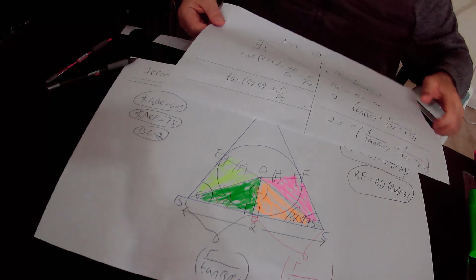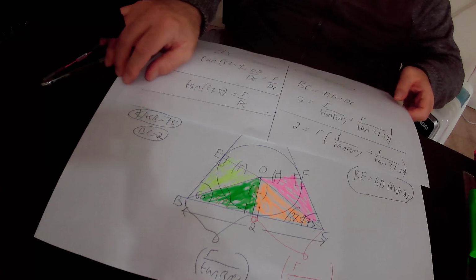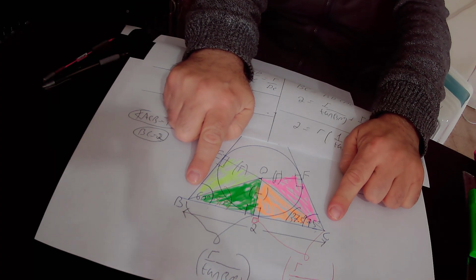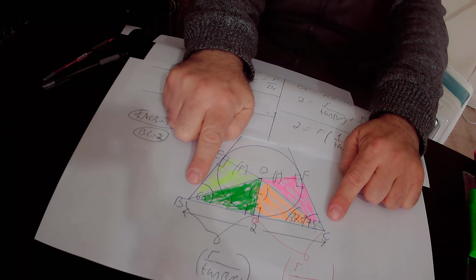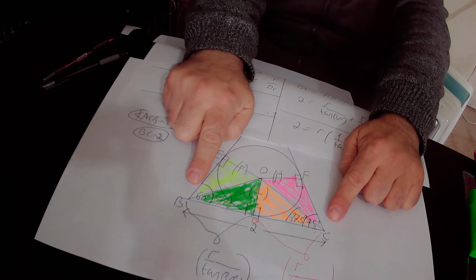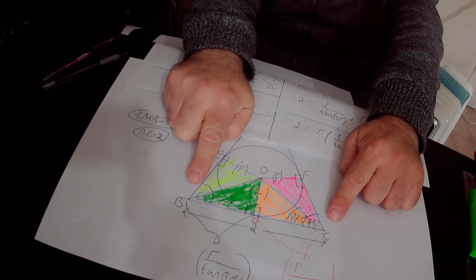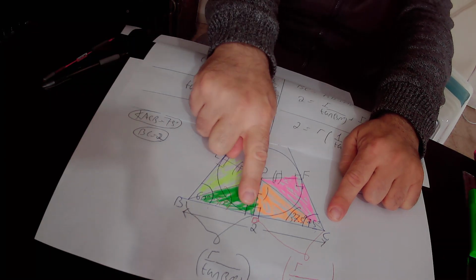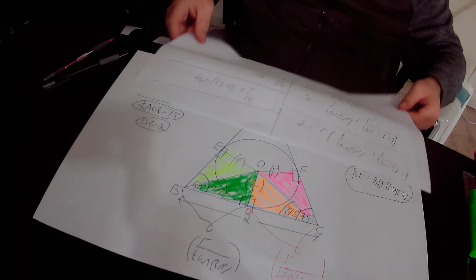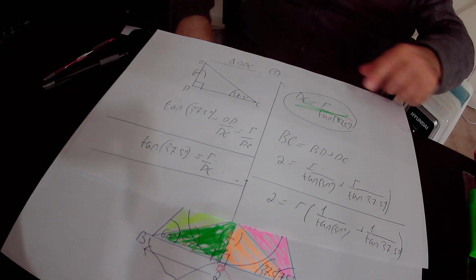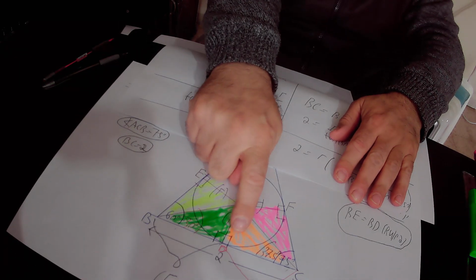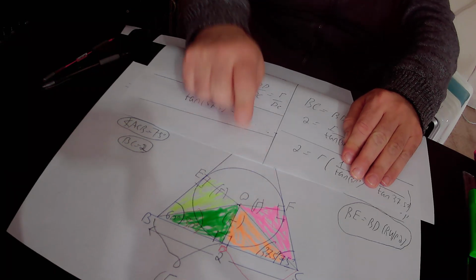From the drawing, it is very easy to see that side BC equals BD plus DC. BC is 2 according to what is given in the question.